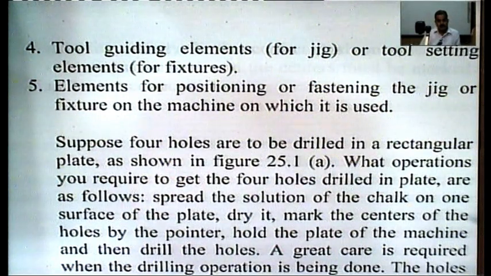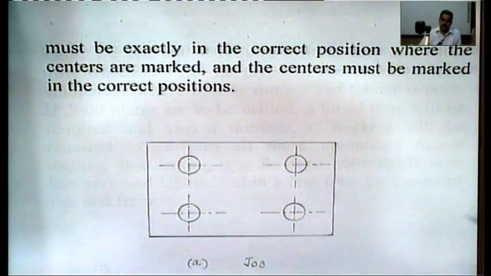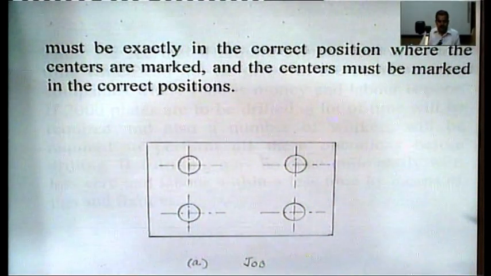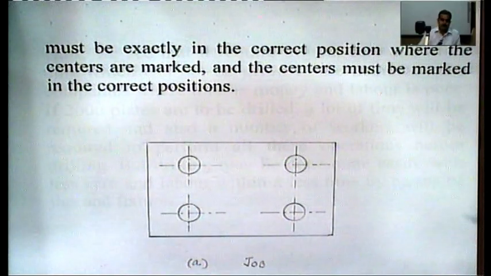A great care is required when the drilling operation is being done. The holes must be exactly in correct position where the centers are marked, and the centers must be marked in the correct position.